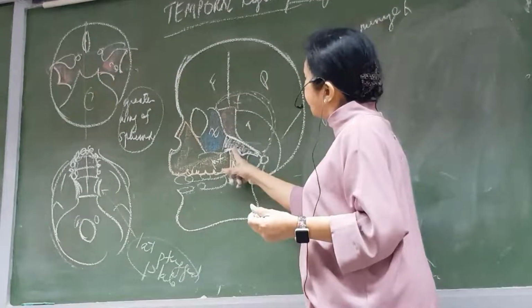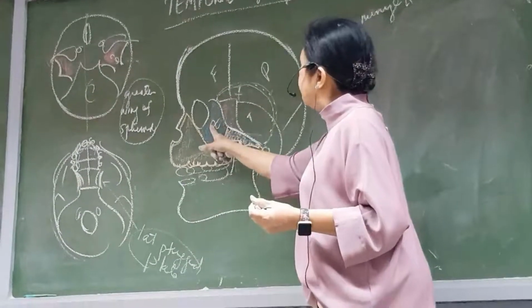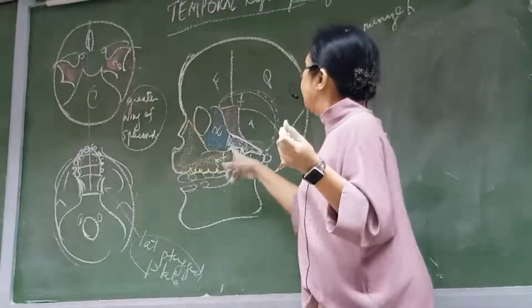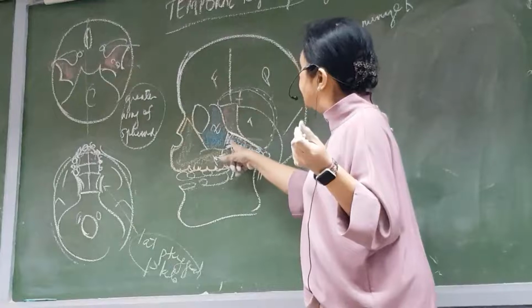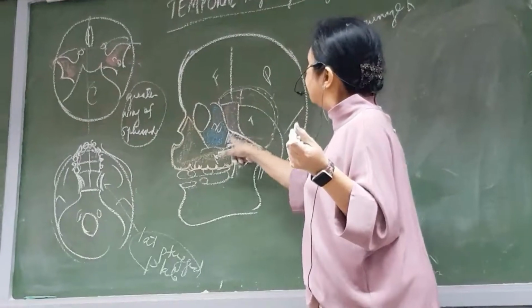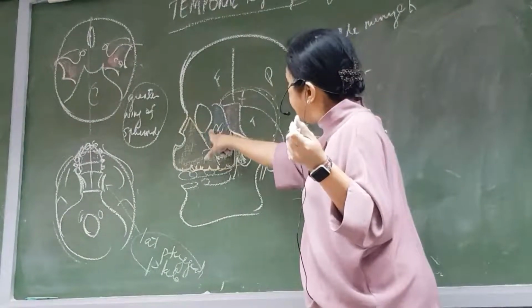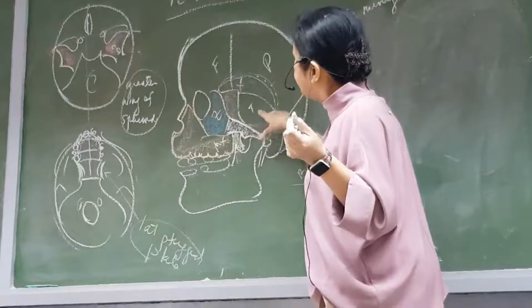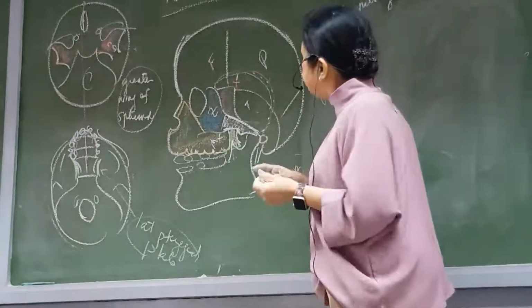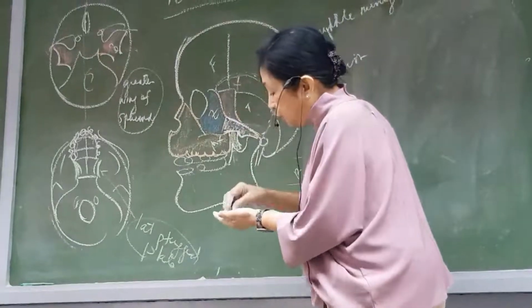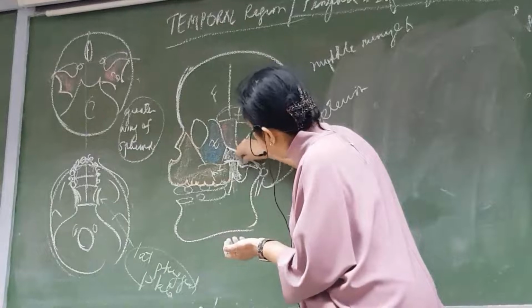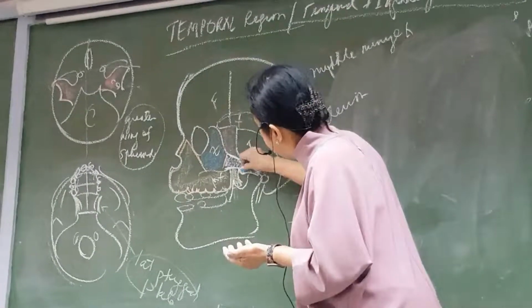The zygomatic arch: this part belongs to the zygomatic bone. That part comes from the temporal and they join. So this is part of the zygomatic but going to the temporal, so this is the temporal process of the zygomatic bone. This is part of the temporal but going to the zygomatic, the zygomatic process of the temporal. Then it has an articular tubercle here. Do you see this? This one here is the articular tubercle.